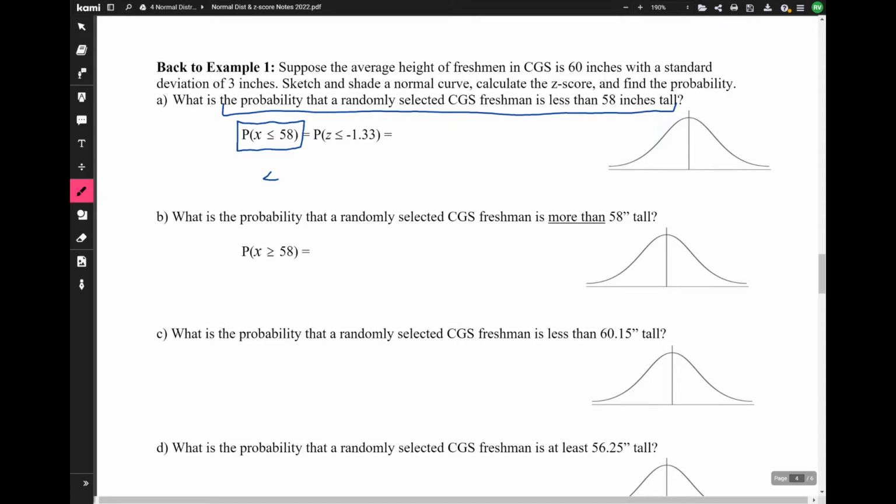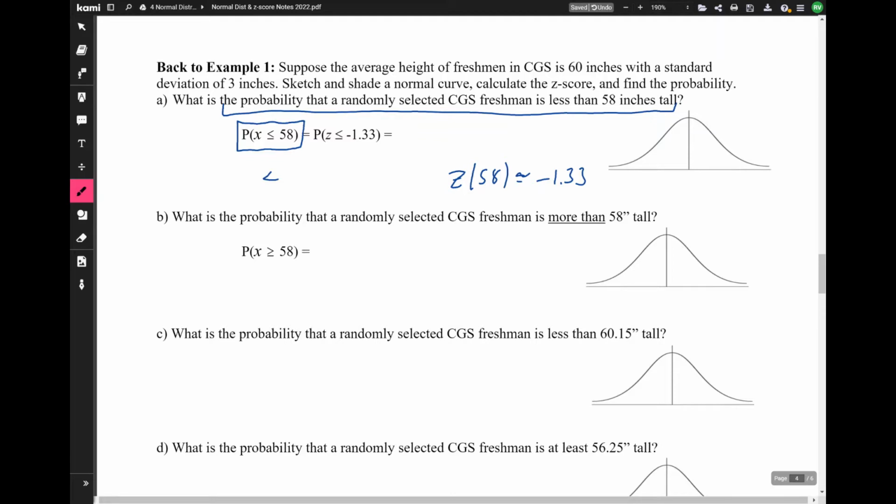Okay. Well, the key is, if we want to use these tables, we need to find the z-score. So we take the z-score of 58, which I believe we already calculated, x minus mu over sigma, and that came out to be negative 1.33 approximately.